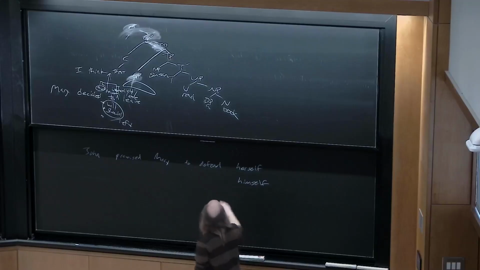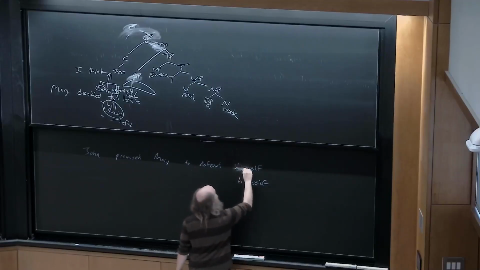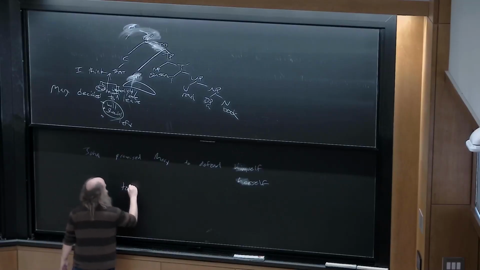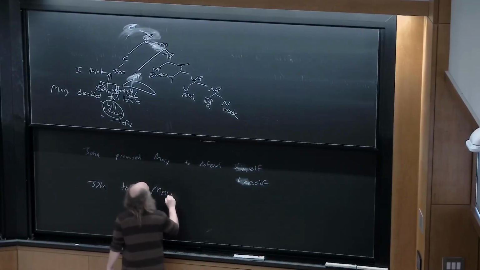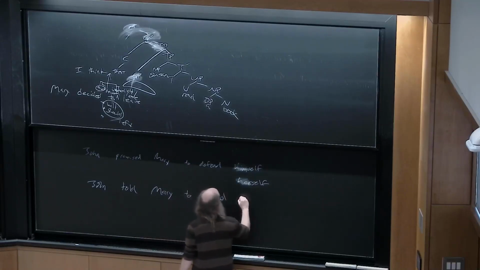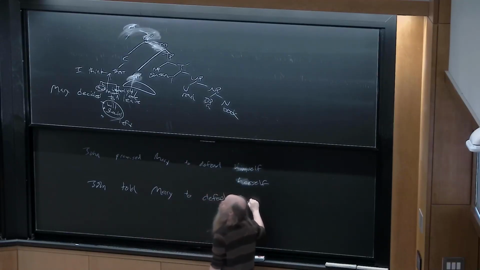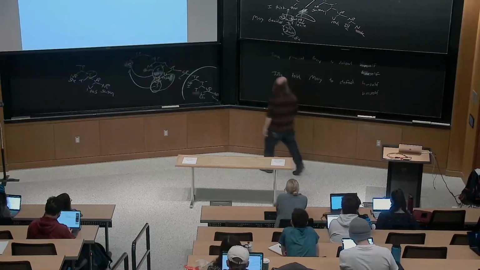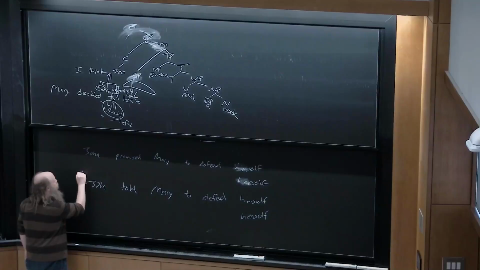Did I put those in the wrong order? Yes, I did. And then John told Mary to defend herself, where the middle two, so this is bad and this is bad.